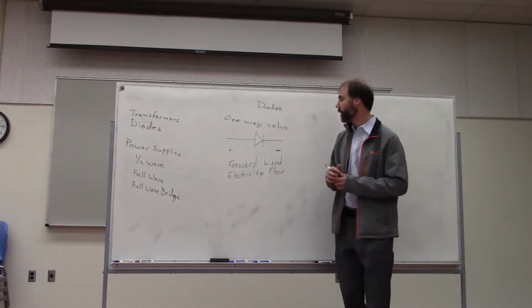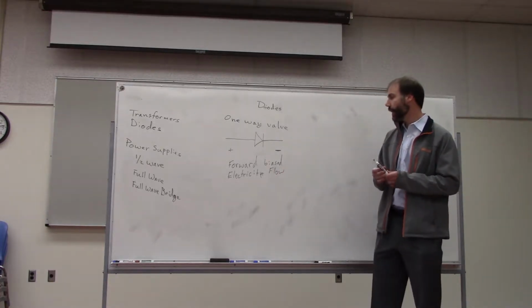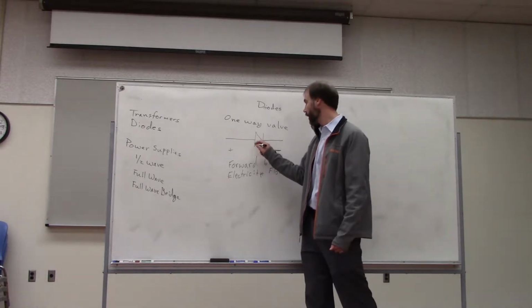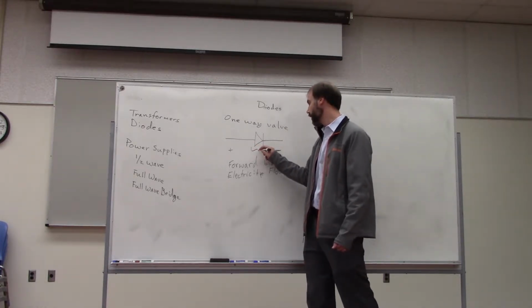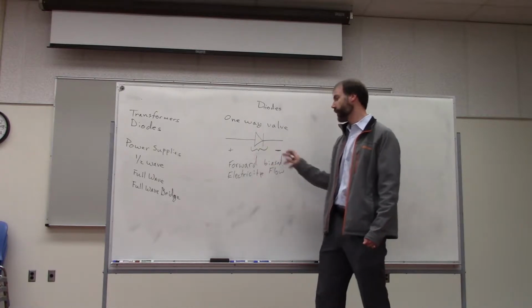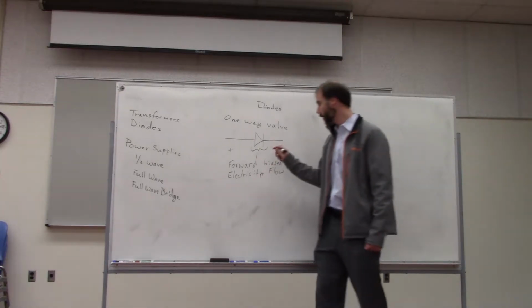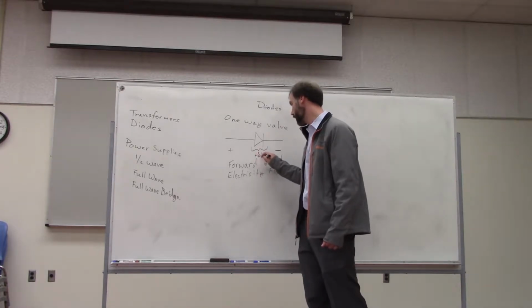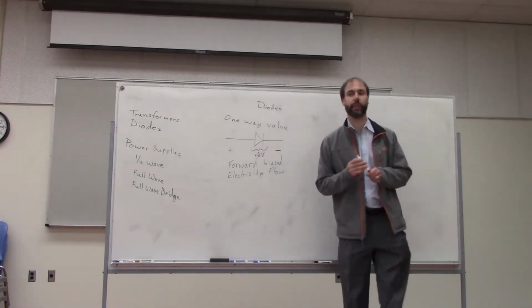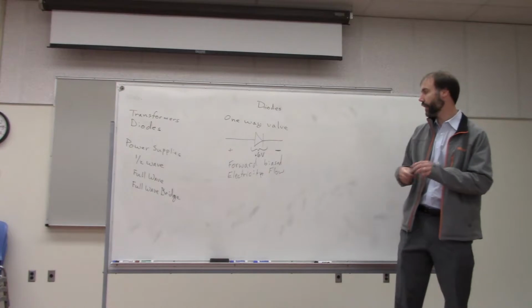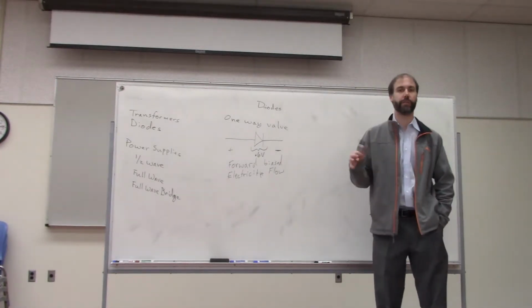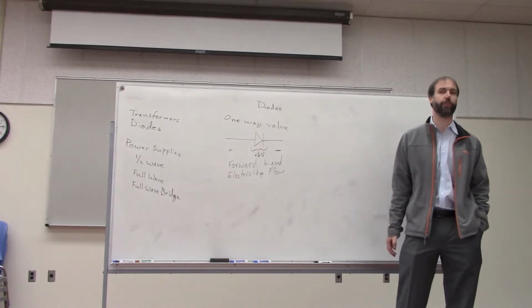Okay? So if we have the diode forward biased, approximately how much voltage do we get from one side to the other? About 0.6 volts, give or take, depending on the material. Exactly. So if we have a silicon diode, it's about 0.6. If it's a germanium diode, it would be something more like 0.3, 0.4, somewhere in there.